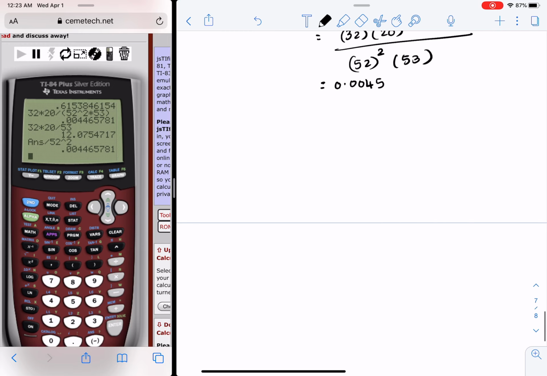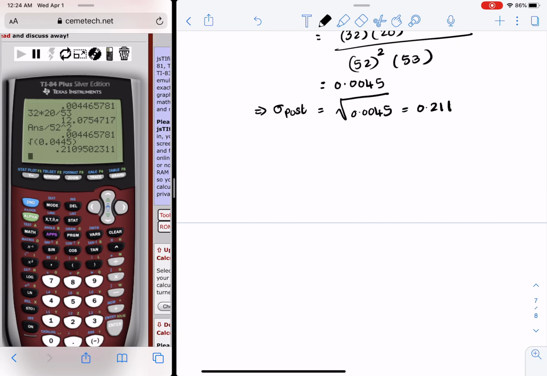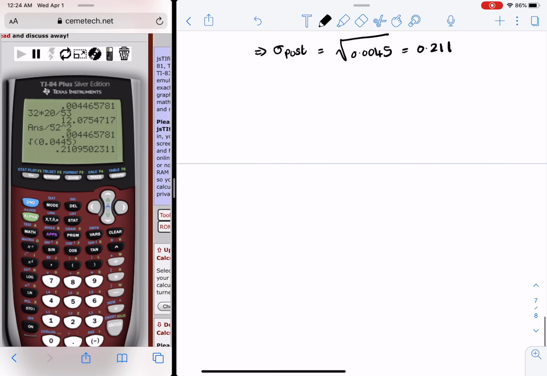So that is the variance, which would imply the standard deviation is the square root of 0.0045, which is 0.210, or simply write it as 0.211. So that is the standard deviation.